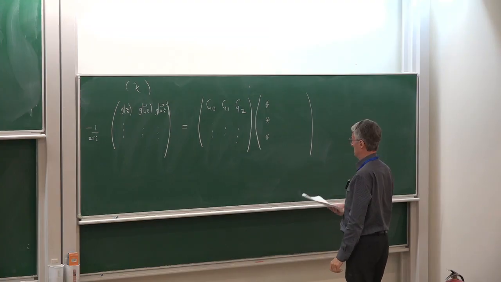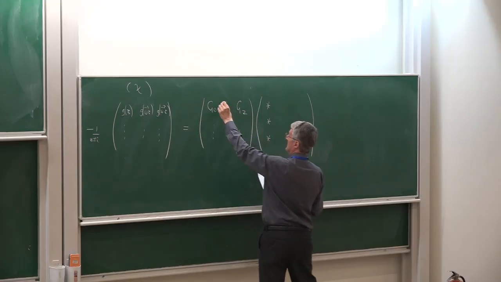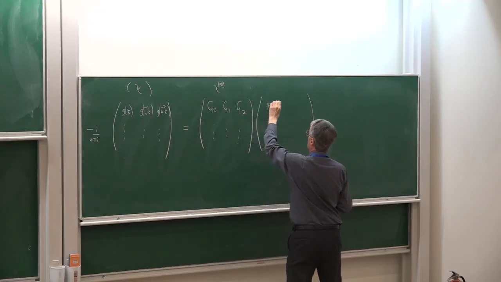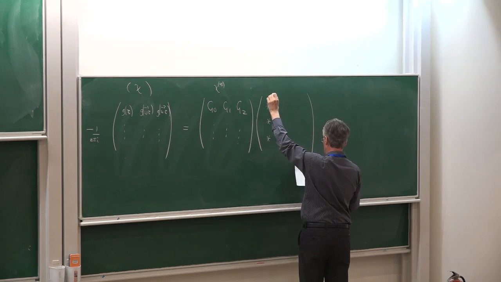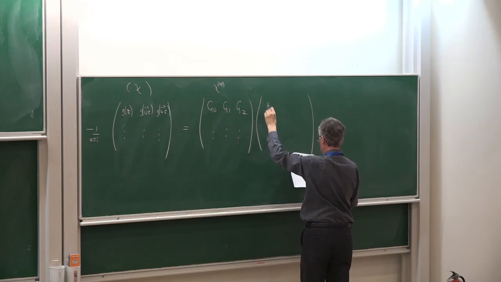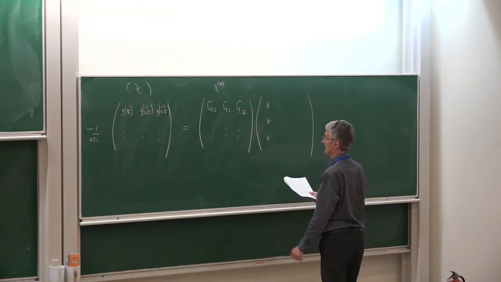So, of course, this is the connection matrix, right? So this is essentially chi infinity, essentially. And this is not quite D1. I suppose in my notation, this is what? Yeah.